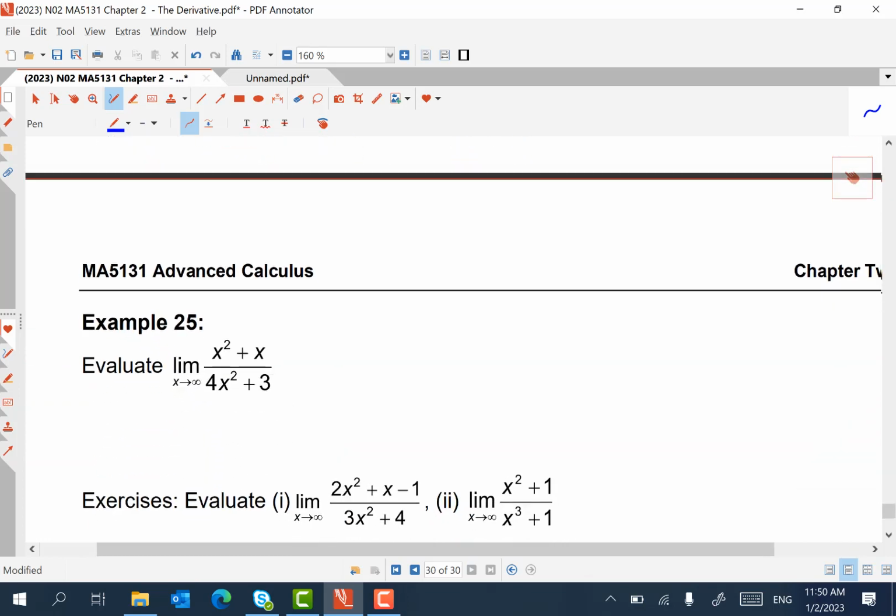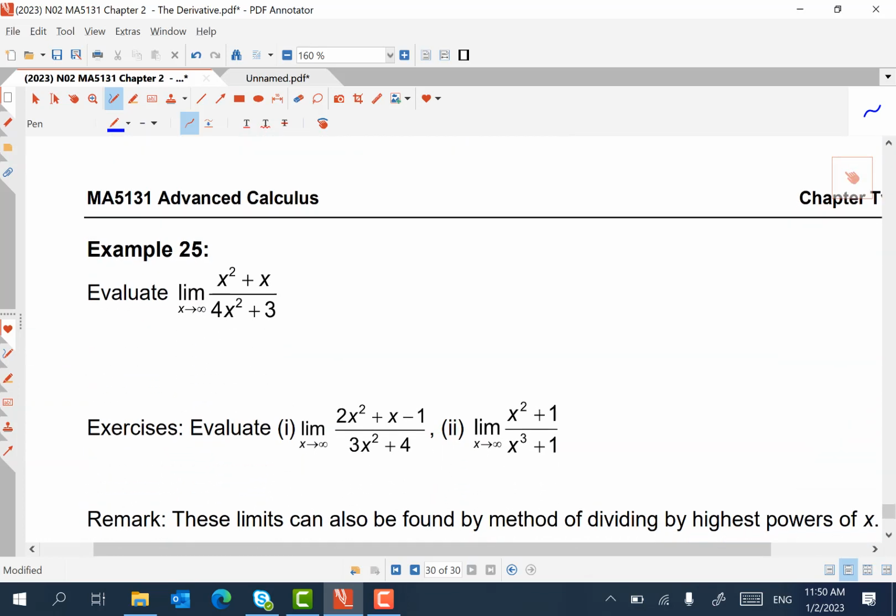For this example 25, some people say, Mr. Lim, I don't need anything. And they cheated. They say, when x goes towards infinity, these two are negligible. If you present like this in the exam, I want you to know you get 0.